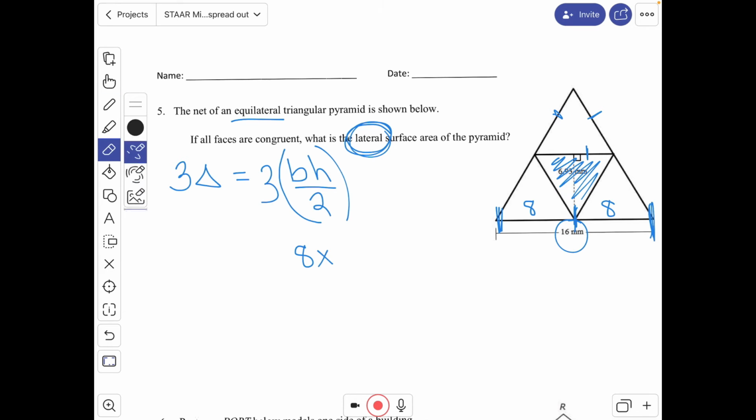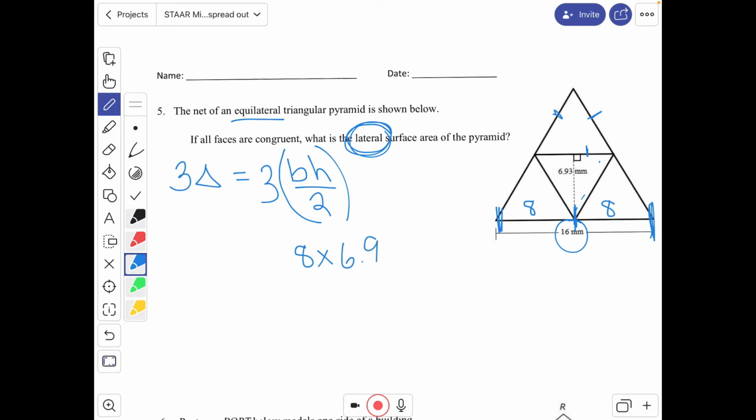And the height, I can see on the middle triangle, is 6.93. And all of that has to be divided by 2 and multiplied times 3. So first I'm going to look for something to simplify.